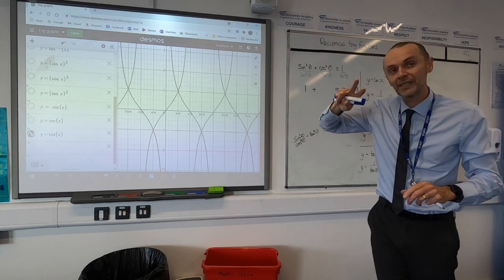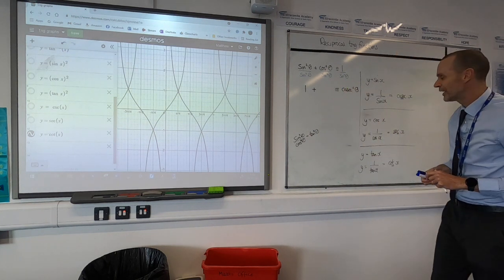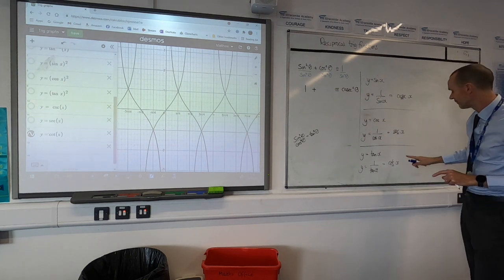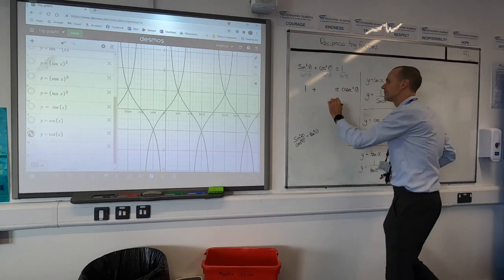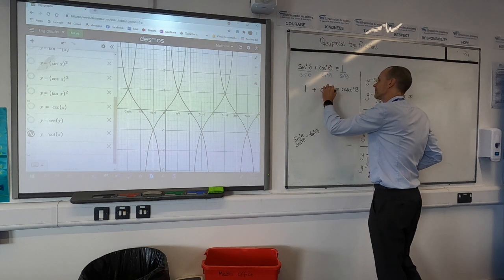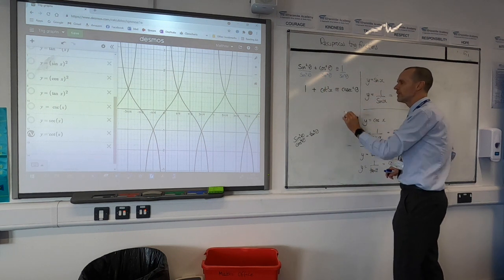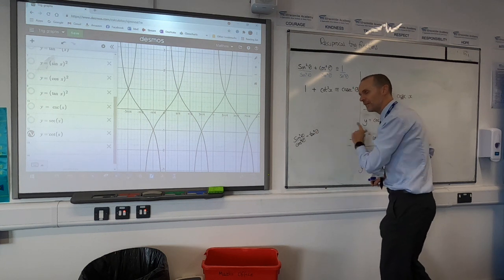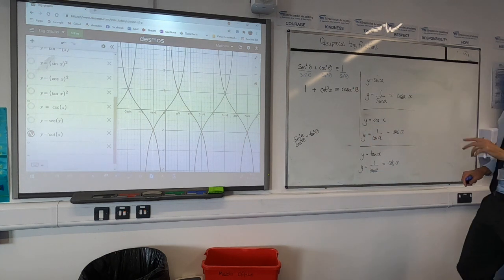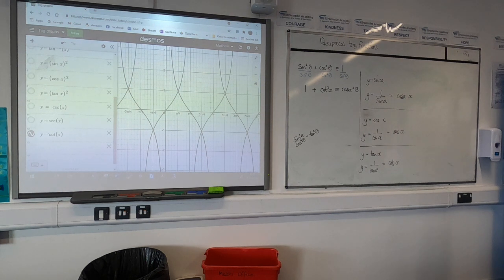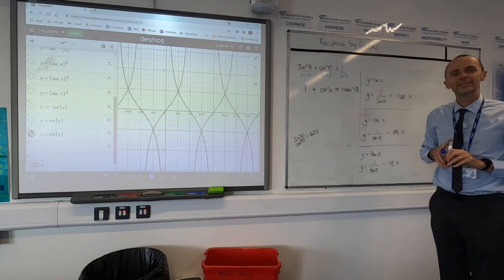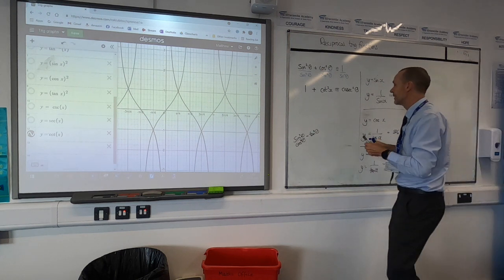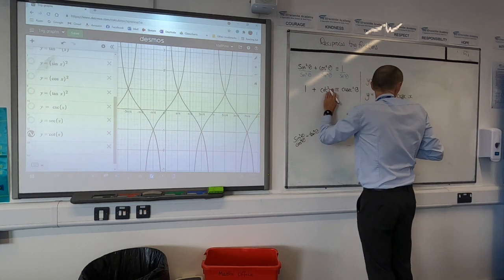Remember, 1 over and flipping is the same. So this is 1 over tan squared, which is cot squared. Cot squared theta.